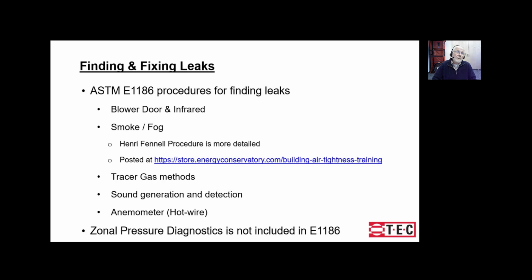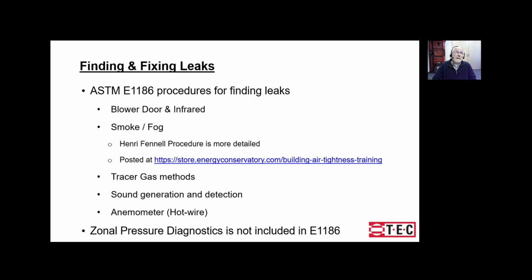First of all, a blower door and infrared camera, and then we'll talk quite a bit about smoke and fog, various types of smoke and fog generators that are covered in E1186. But Henri Fennell, who was a member of that committee, came up with a much more detailed procedure, and I think it's much more useful for somebody that's thinking about doing this, especially in commercial buildings. And we'll post that on our website at this location so that you can look that up.